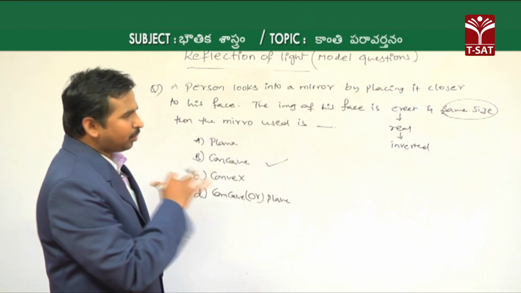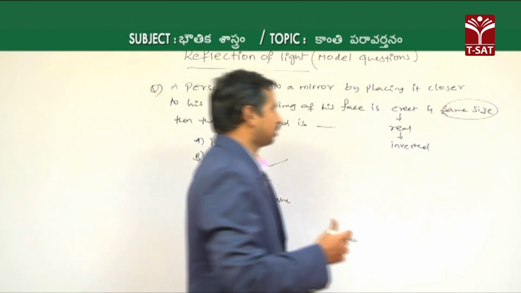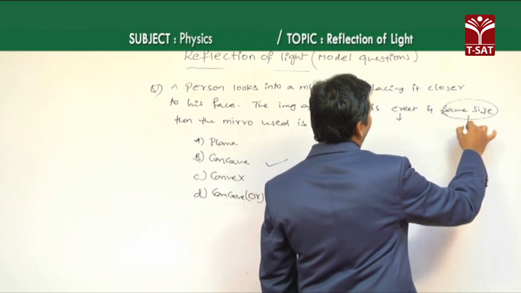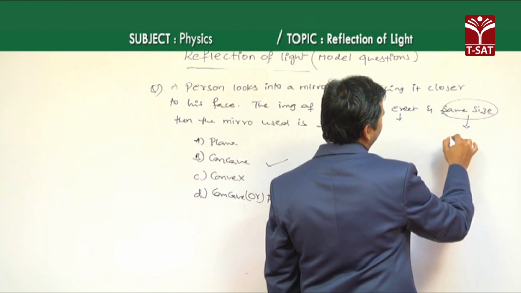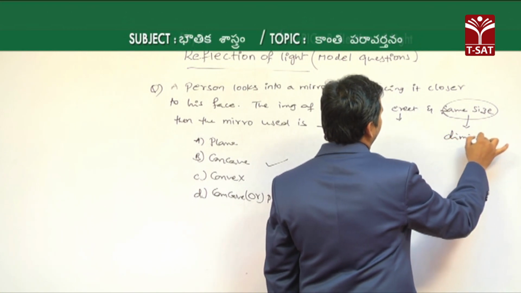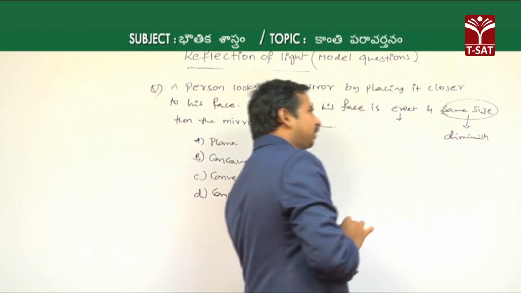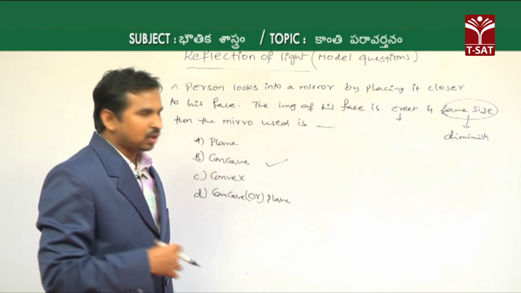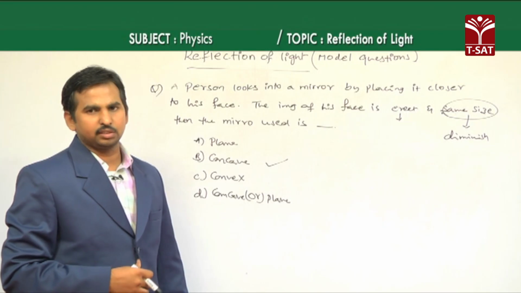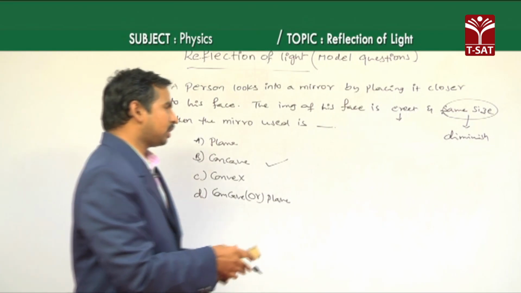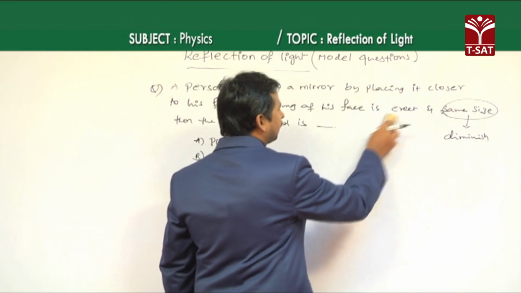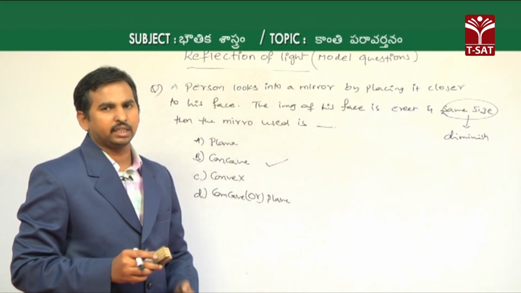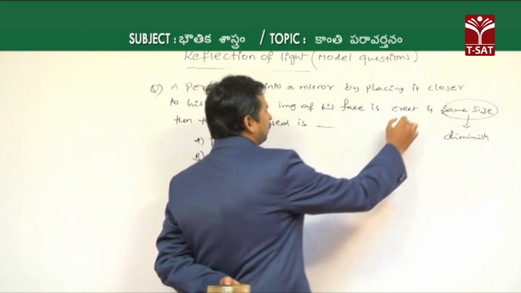Or they may ask the same question like this: an erect image, but instead of the same size, it is a diminished image. In the case of a diminished image, a concave mirror can form diminished images, and a convex mirror also can form diminished images. But in the given options we have erect and diminished. Erect means nothing but virtual.